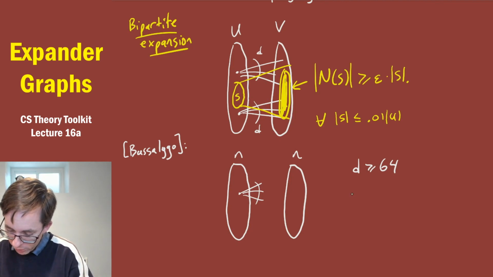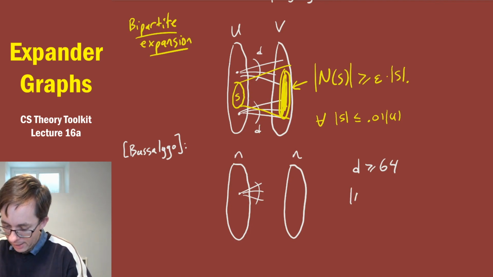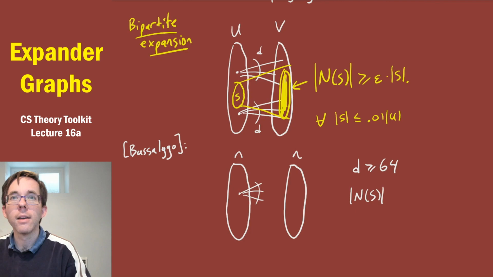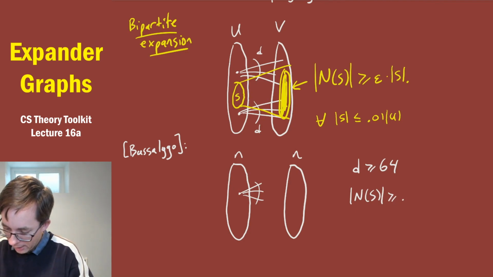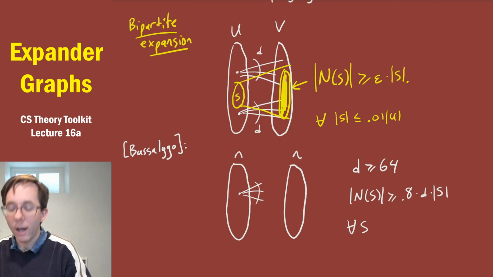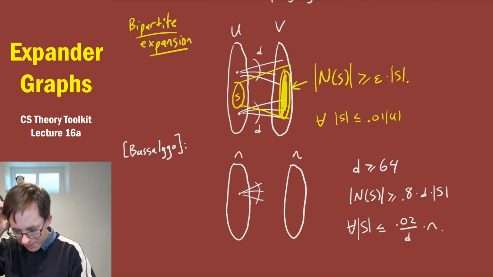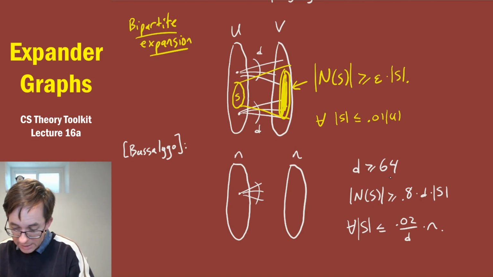And Bassalygo showed that for any d that's at least 64, the size of the neighborhood set of S is at least 0.8 times d times the size of S for all sets S of cardinality at most 0.02 over d times n. Okay, so let me just comment on this. It says you can have d, any fixed constant that's at least 64. Great. And this amount of expansion is quite strong.